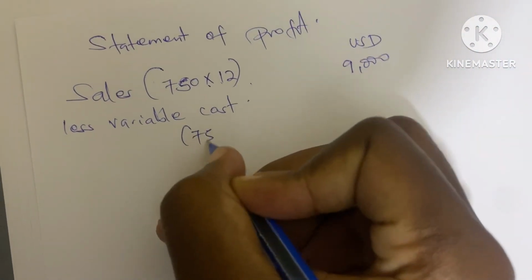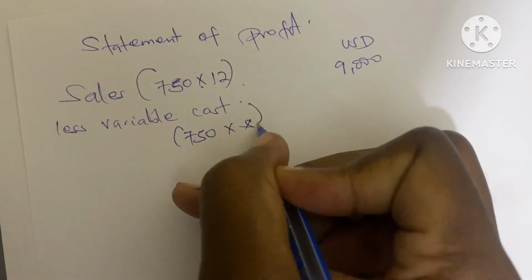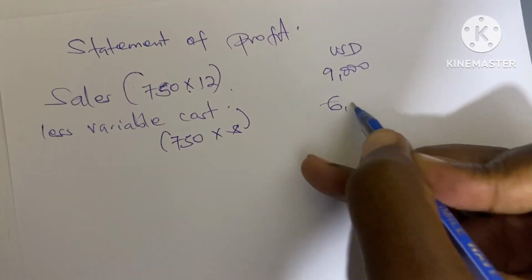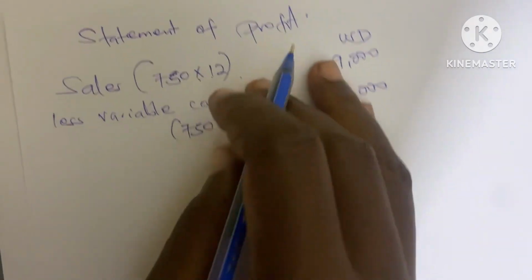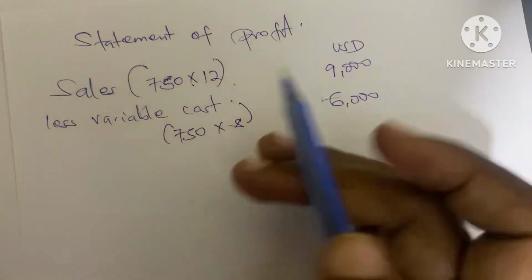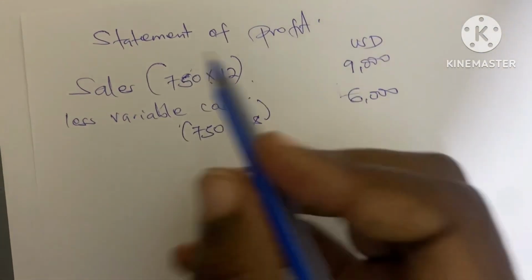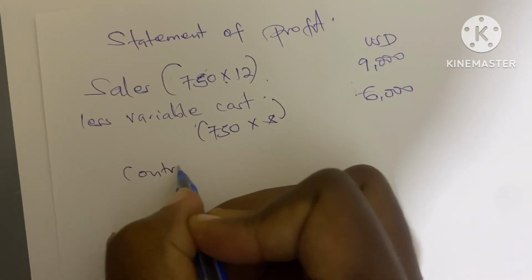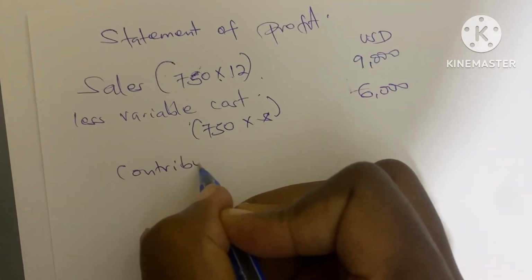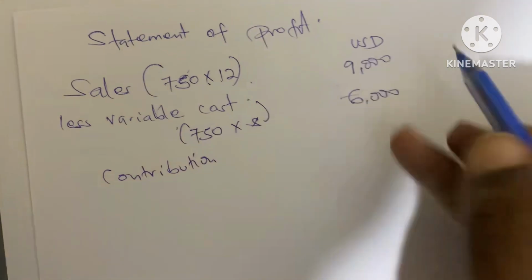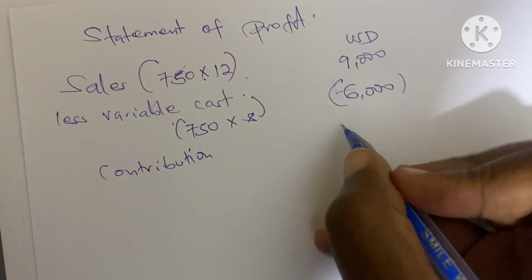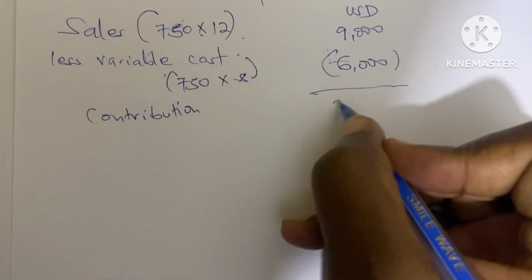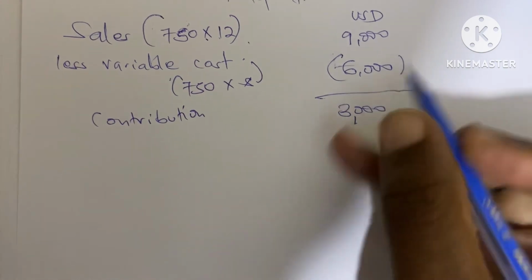So times 8, what you get is 6,000. So sales minus the variable cost, we get the contribution. So the contribution is 3,000.